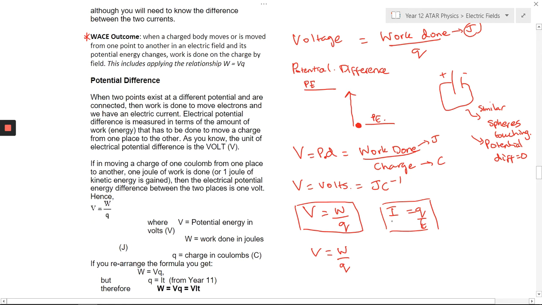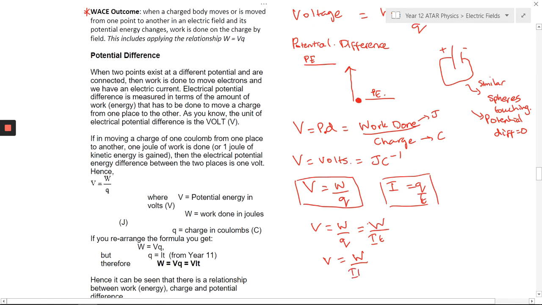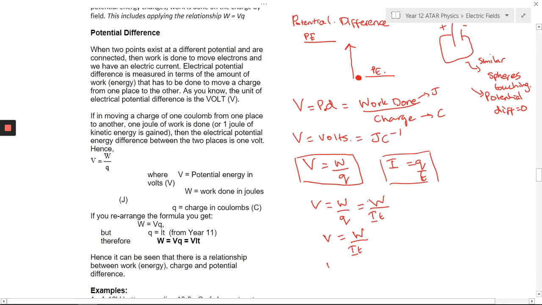So if I substitute current and time for charge, Q is I times t, and voltage is the work done divided by the current times the time. Or you could rearrange that to say work done in joules is equal to current times time times voltage, or ITV.